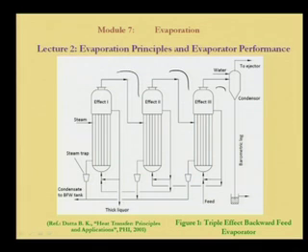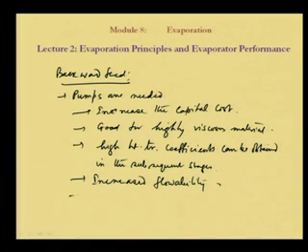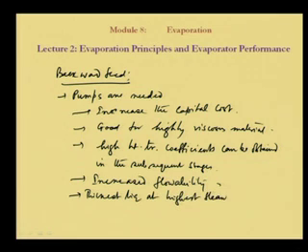In effect 1, the thickest material is vaporized at the highest temperature. Thickest material, highest temperature, in effect 1. In case of backward, the thickest liquor is at the highest steam temperature.